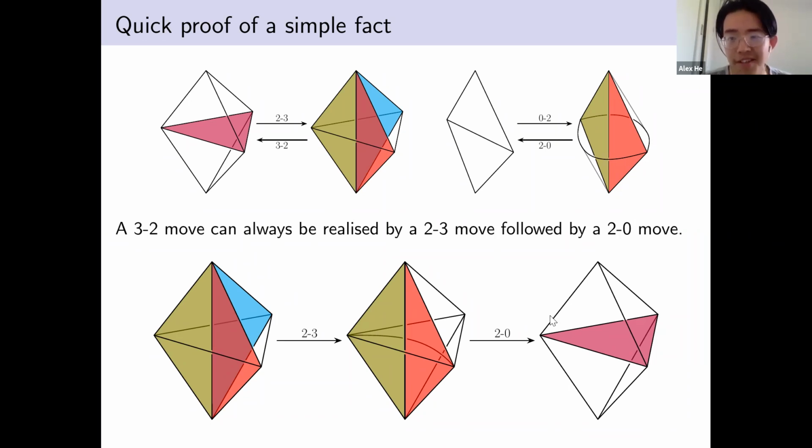Again, you should stare at this for a while and convince yourself. If people want to come back to this picture, we can come back to it at the end. This fact is going to be relevant for us. So remember that a 3-2 move can be replaced by a 2-3 move followed by a 2-0 move.